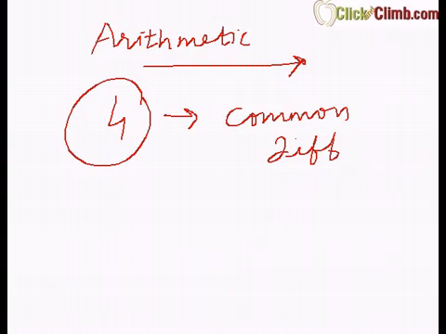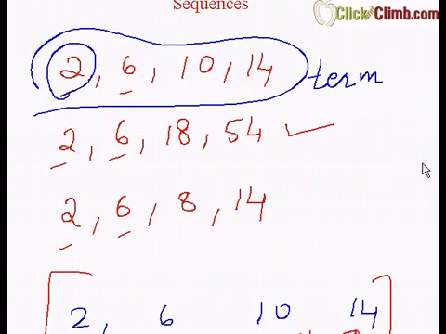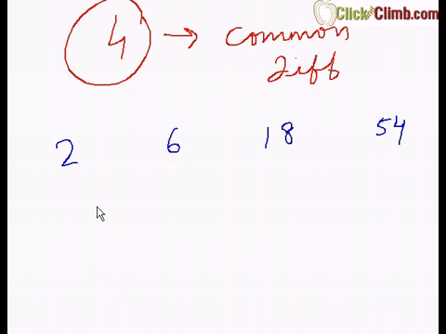Now suppose we come to the next sequence, that is 2, 6, 18, 54. Let's observe this closely. If I multiply 2 by 3, I'll get 6.